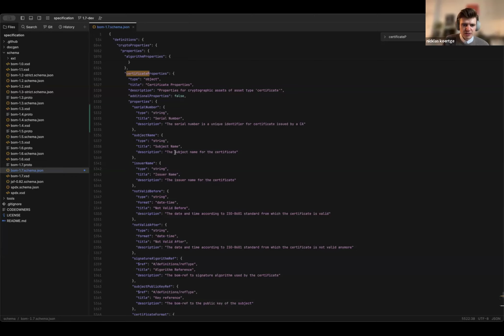Because I looked at the .0 and I couldn't find anything around the serial number with restrictions. Yeah, they put a pattern in there, which looks like it limits it to 40 bytes or characters.